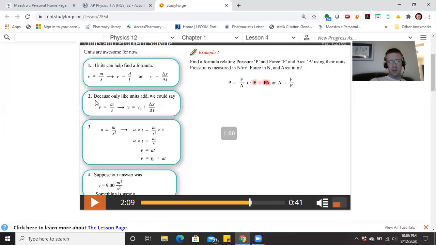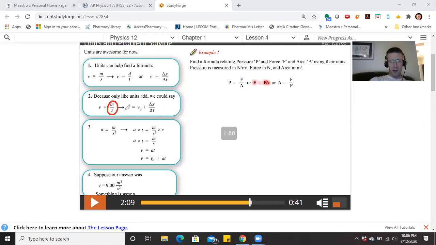The second useful thing about units is because only like units add, if you're noticing that you have 2 terms in an equation that are being added together and those units are not the same, then you know that your equation is probably incorrect, okay? So what I mean by that, if you take a look at this equation, remember, we already set up above that velocity is measured in units of meters per second.